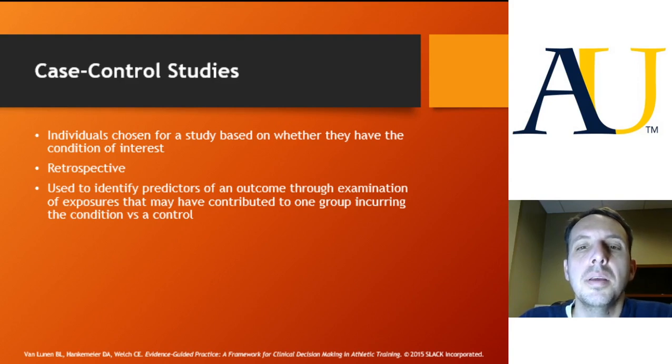We can't randomly assign people to, say, sex or age or different things like that. The best we could do would be to use either one of these cohort type or case control study designs and test the differences between these different pre-existing groups and then compare them to one another.